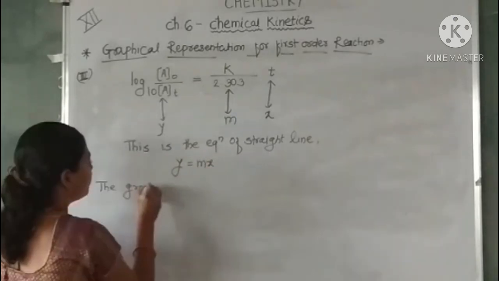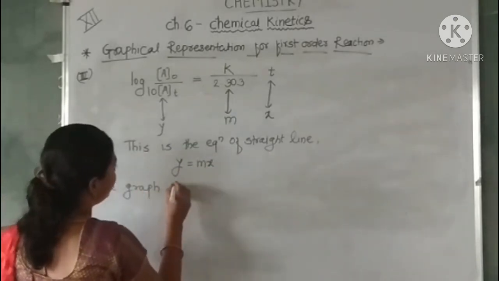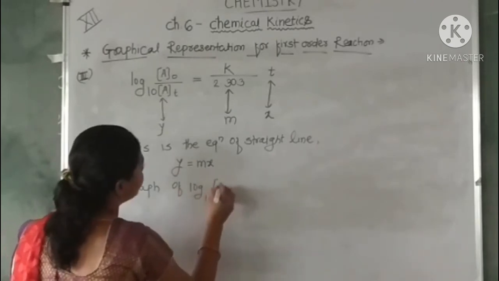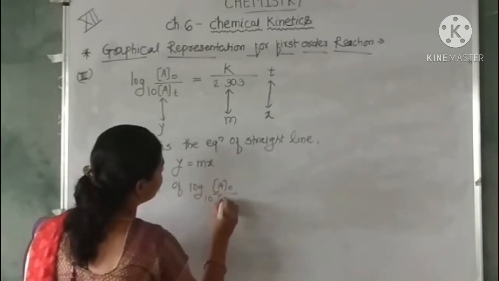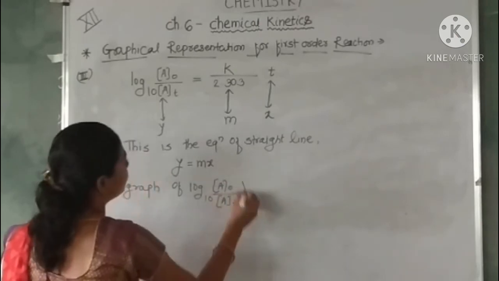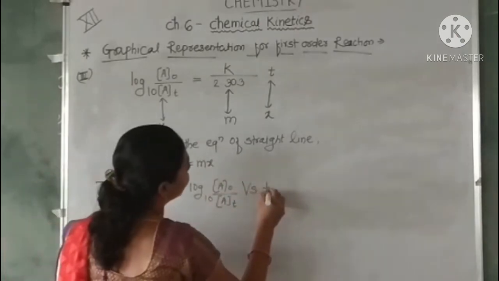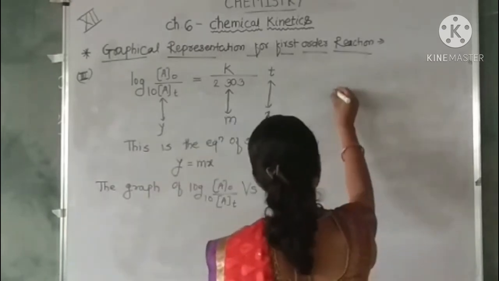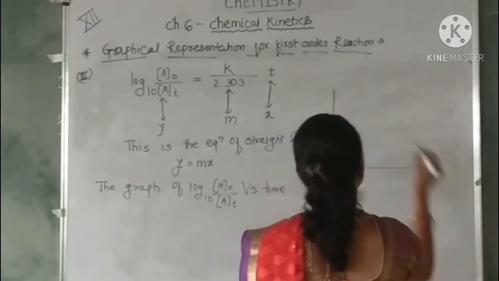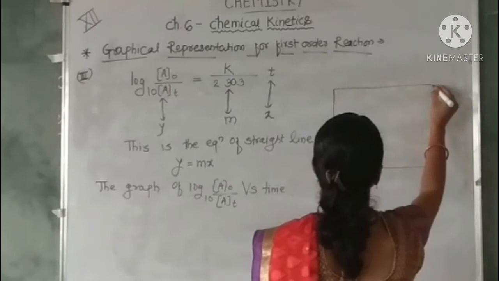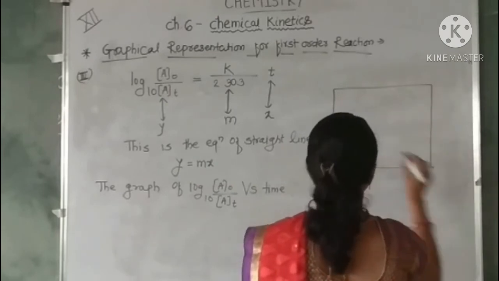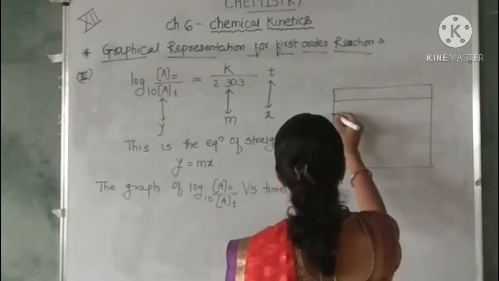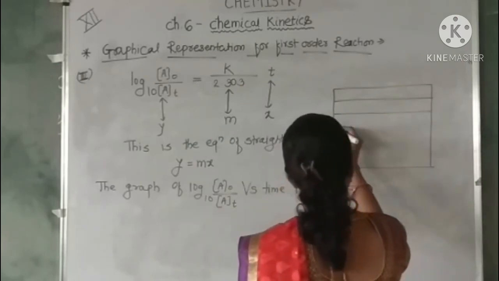We plot the graph of log to the base 10 of initial concentration upon final concentration, A0 upon At, versus time. Here we have to draw the graph for log to the base 10 A0 upon At, initial concentration upon final concentration.